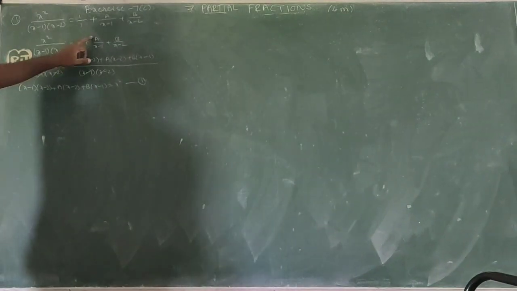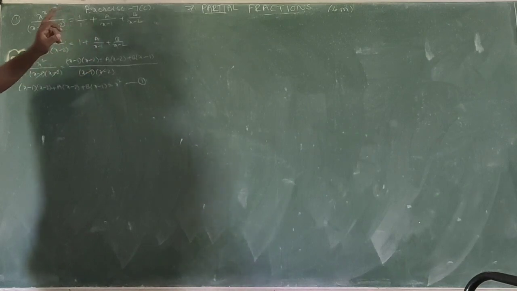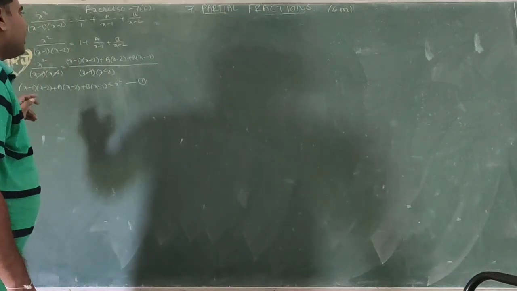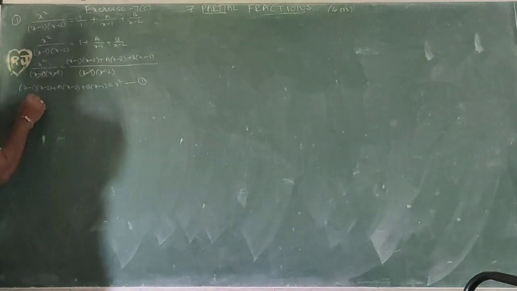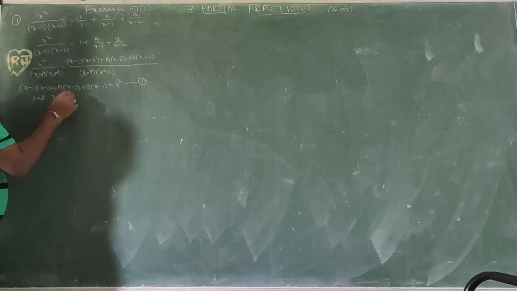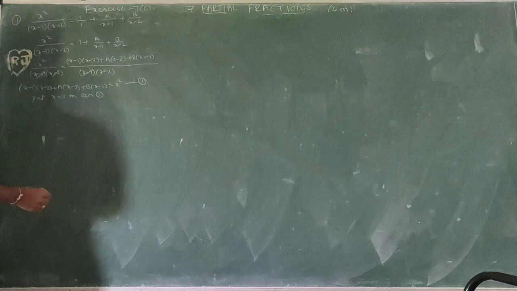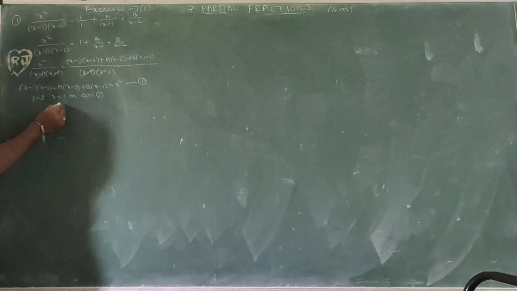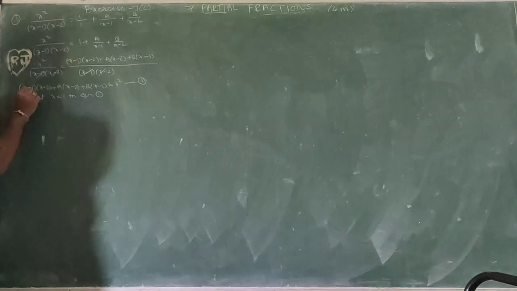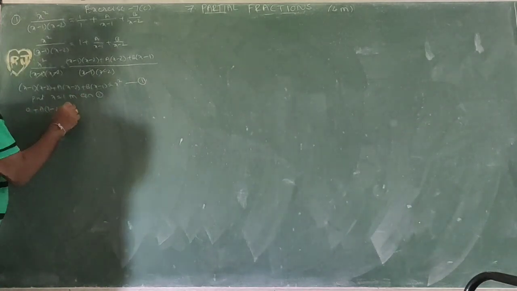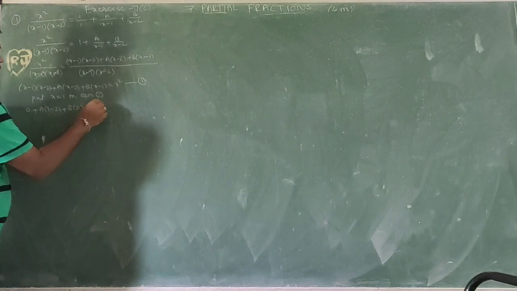For a, the denominator is x minus 1. Take x minus 1 equal to 0 to get it. So x minus 1 is 0, hence x equals 1. Put x equal to 1 in equation 1. Since x minus 1 is 0, that term is 0. a of 1 minus 2, which is minus a, and the b term is 0 since 1 minus 1 is 0, equals 1 square.